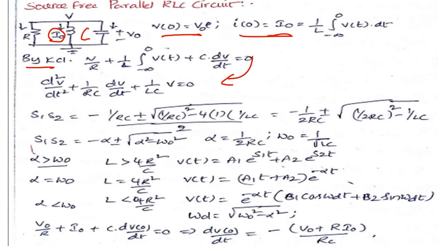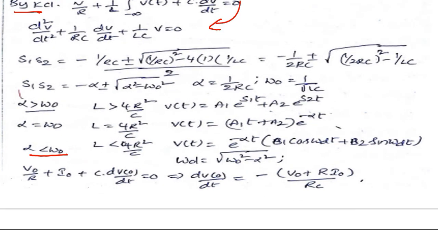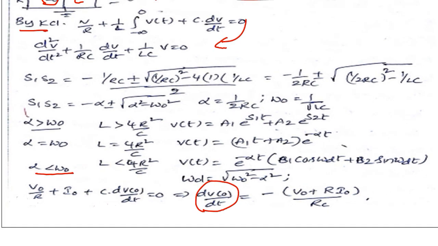If alpha is greater than omega naught, it is the over damped case; alpha equal to omega naught means critical damped case; alpha less than omega naught means under damped case, and the coefficients and constants are the same here. Similarly, in order to find dv of 0 by dt, we write the equation V0 by R plus I0 plus C into dv of 0 by dt equal to zero, where I0 is the initial current and C dv by dt is the current flowing through the capacitor.